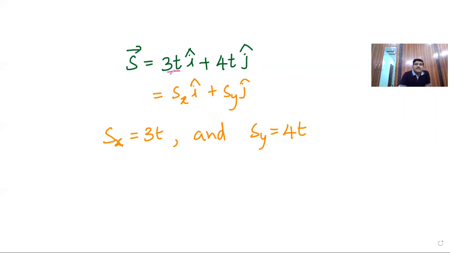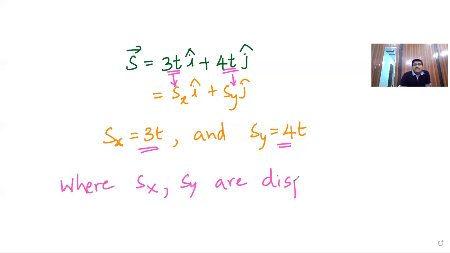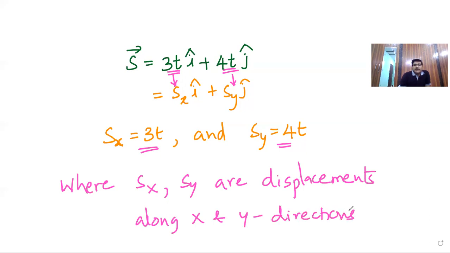So this term is Sx, this term is Sy. Sx and Sy are the displacements along x and y directions. Is it clear? That was given.